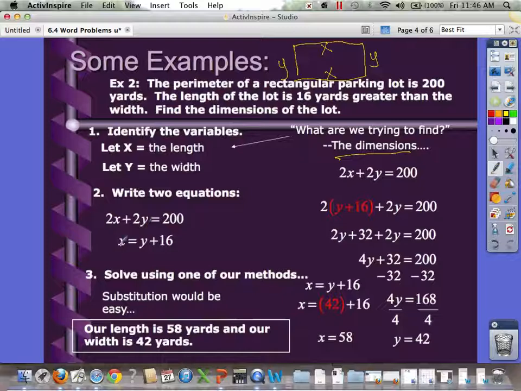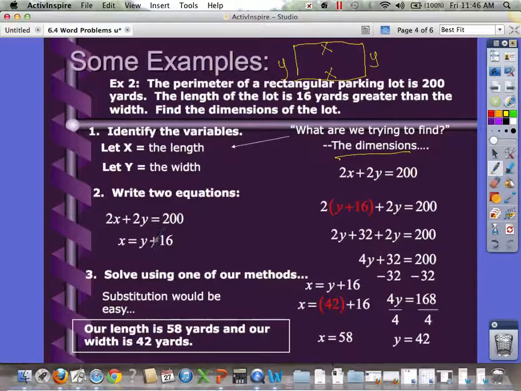The length is x, is 16 more than the width. And that's how you get the second equation. That one's a little tricky, so you have to just think about it. Like I said, if you do not identify your variables, it will be very difficult from here to figure out what you're doing. So now that we have our two equations, we just decide which one we want to do.